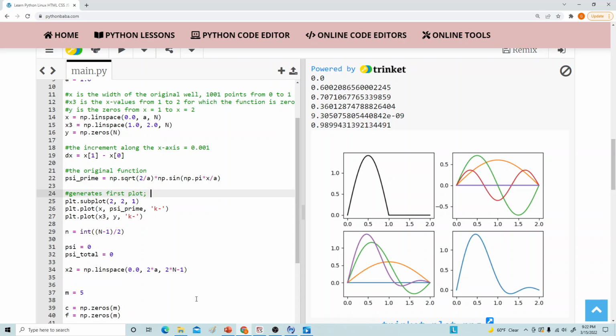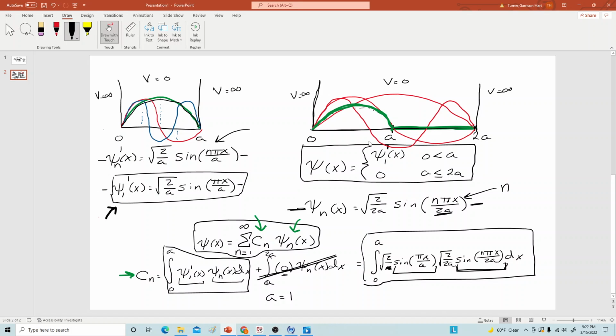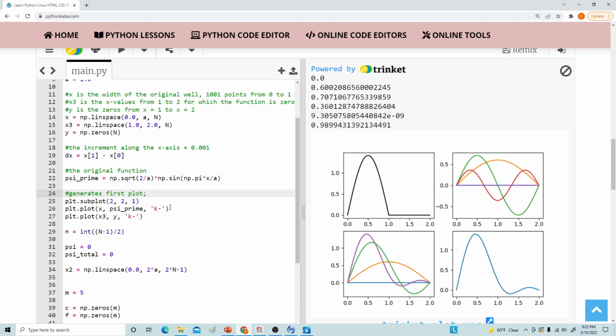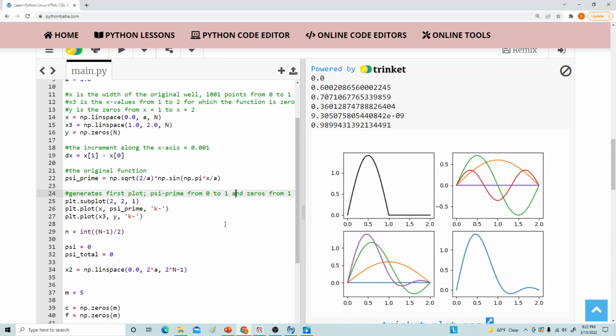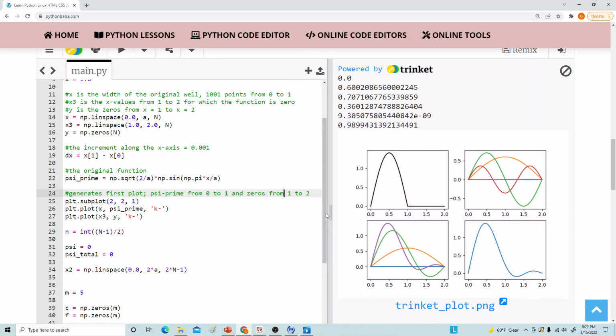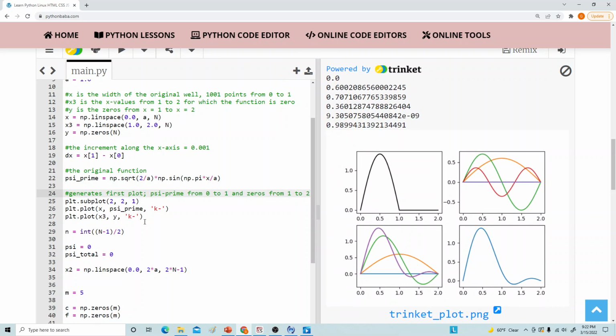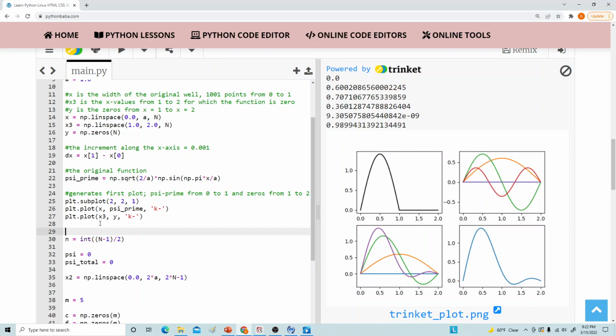So this plot is once again this piecewise function right here. So if you're running out of room, you can see the comment is still there.